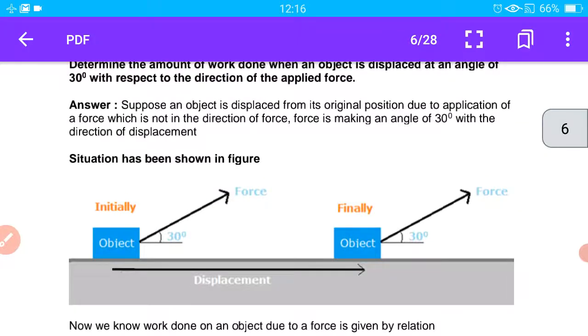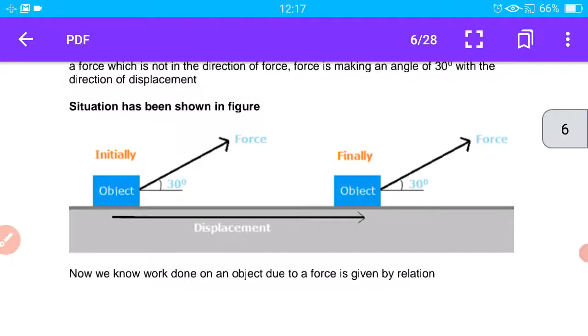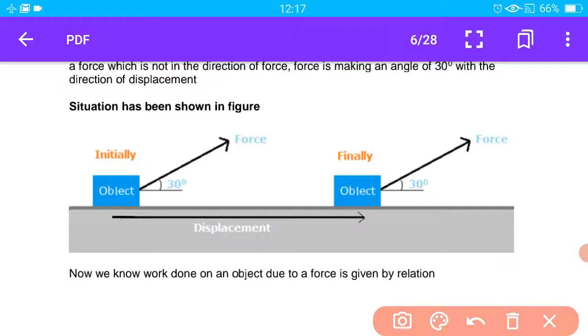Answer: Suppose an object is displaced from its original position due to application of a force which is not along the direction of displacement. The force is making an angle of 30 degrees with the direction of displacement. The situation is shown in the figure, you can see.